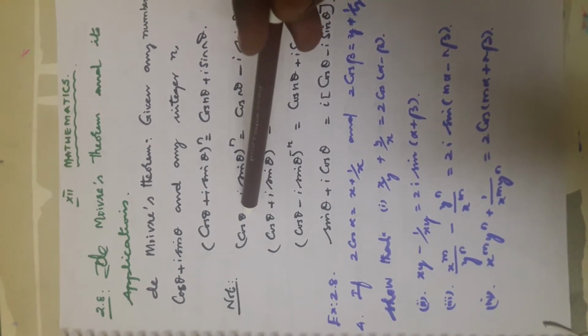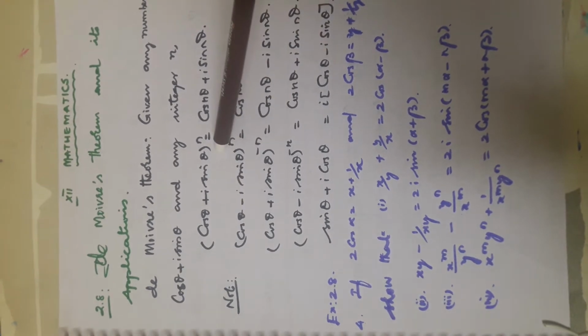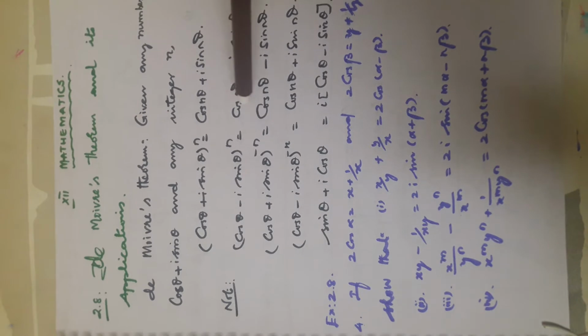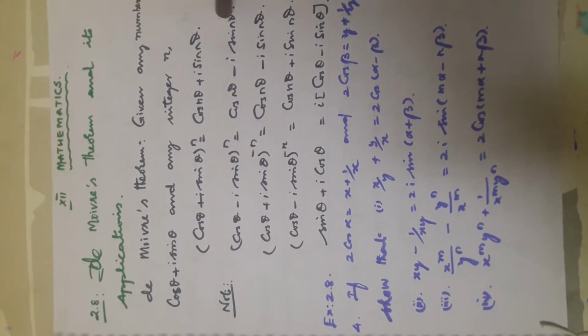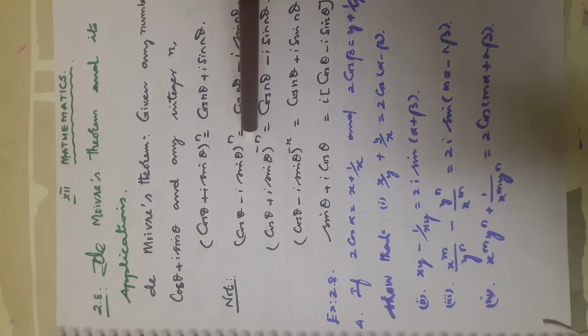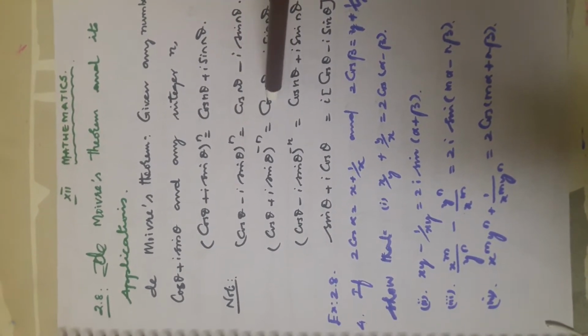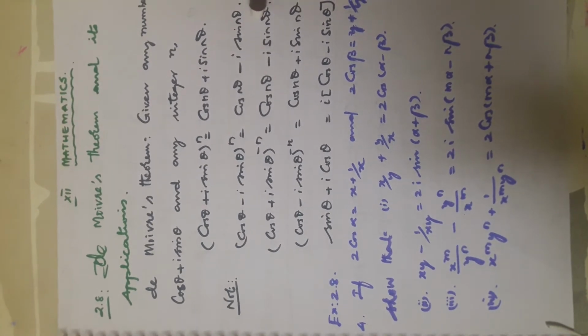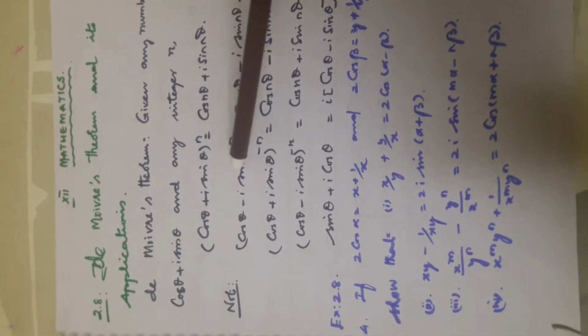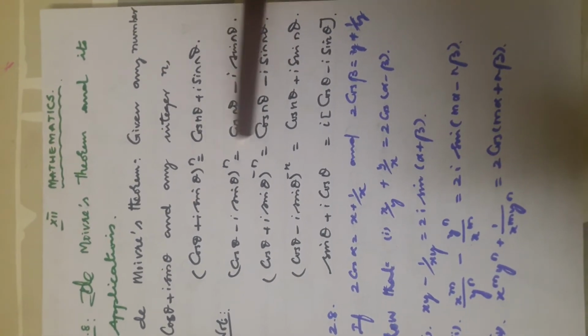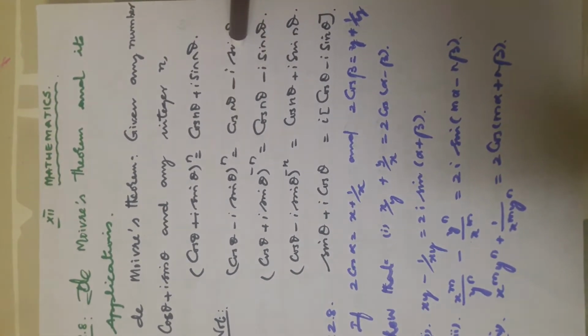The next one will be cos theta minus i sin theta. How will the theorem go? The same power will come to the argument: cos n theta minus i sin n theta. Suppose your power is minus n, then your answer will be cos n theta plus i sin n theta. So the first one, (cos theta minus i sin theta) power n becomes cos n theta minus i sin n theta.